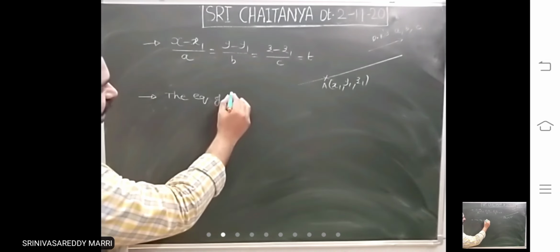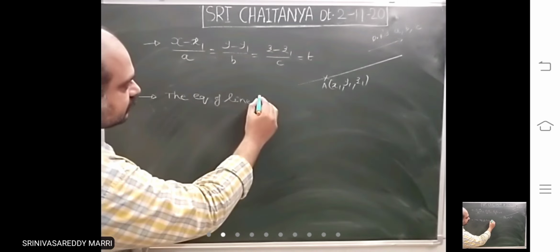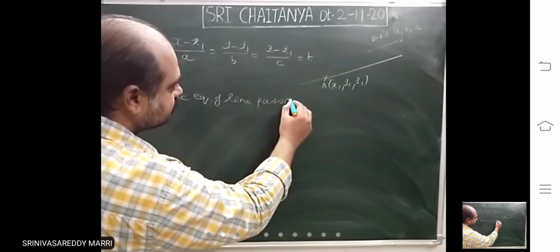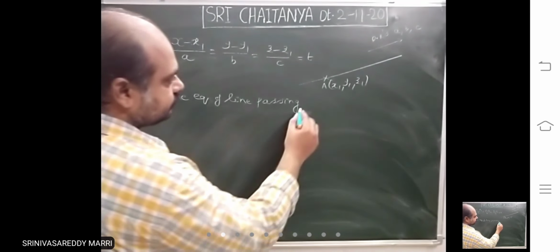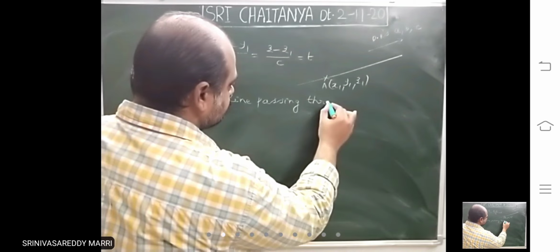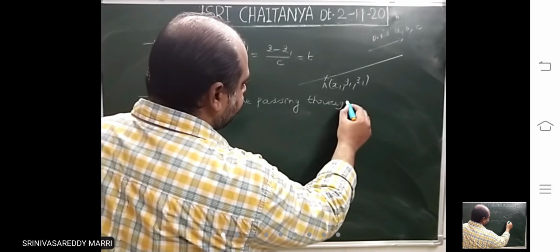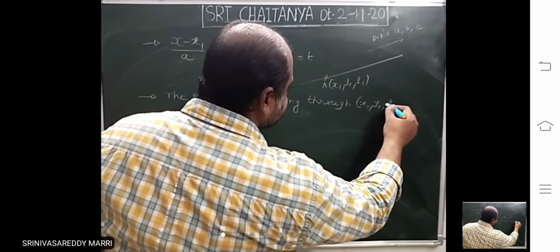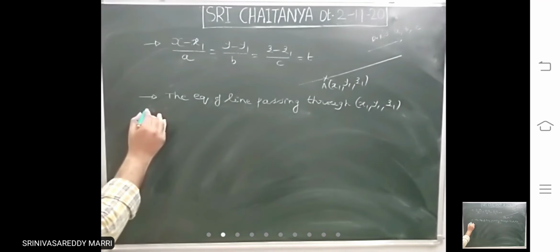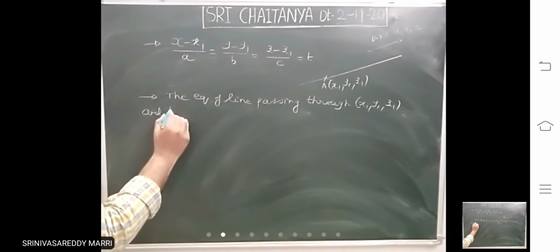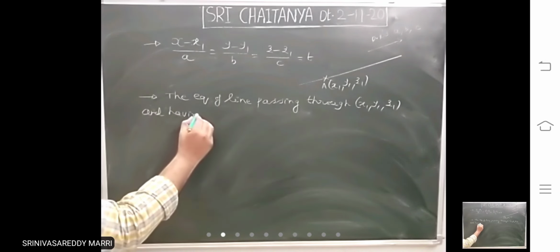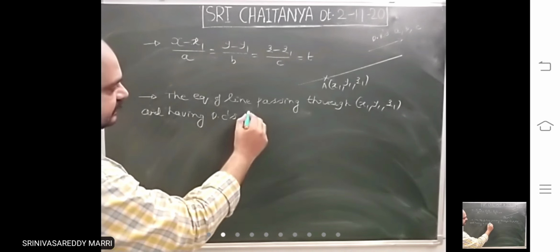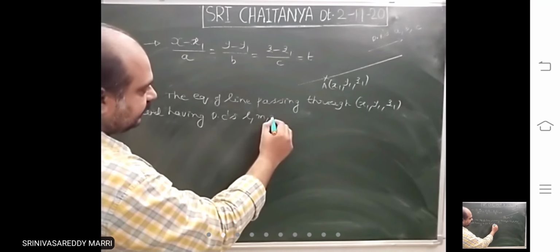So the next form is, instead of DRs, if DCs are given: the equation of the line passing through one point (x1, y1, z1) and having DCs l, m, n.